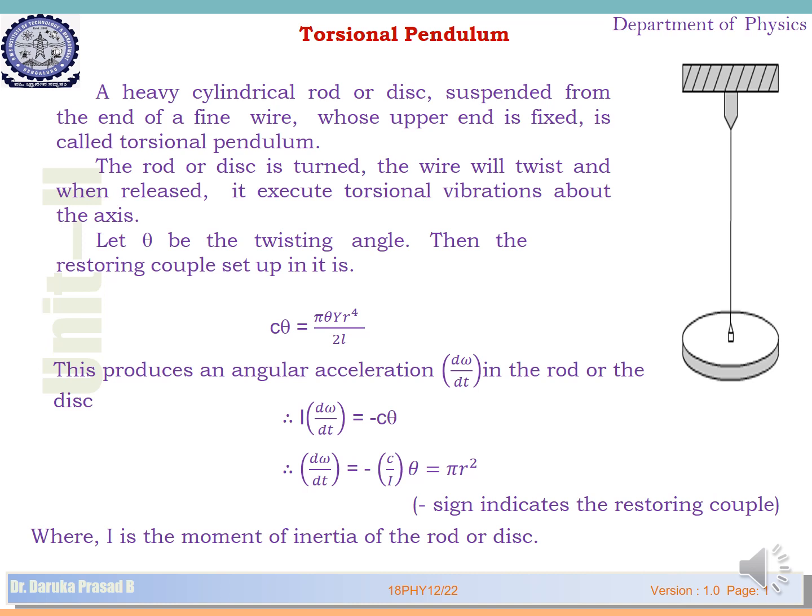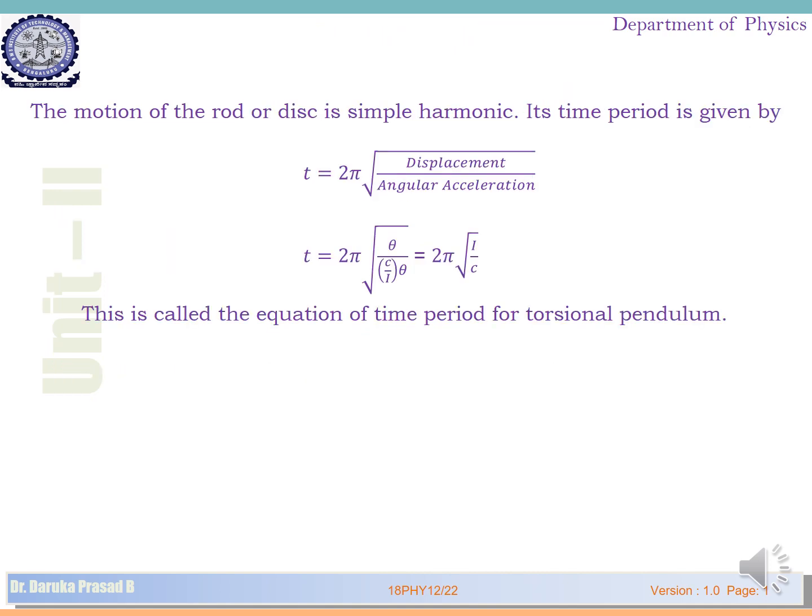Therefore, d omega by dt is equal to minus C theta by I. In this equation, I is the moment of inertia of this rod or disc. To determine the time period, from the definition of time period from module 1, you know that time period T equals 2 pi into square root of displacement by angular acceleration.